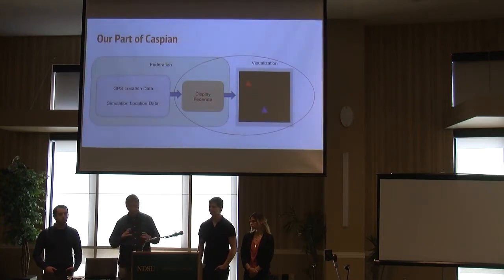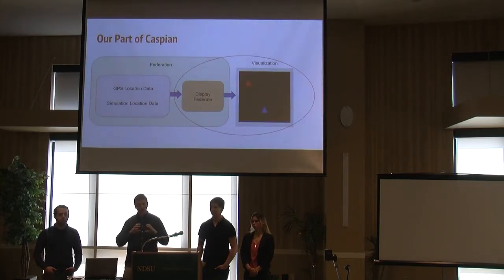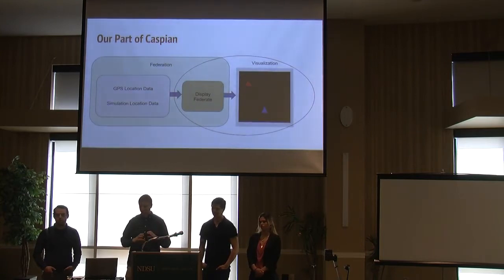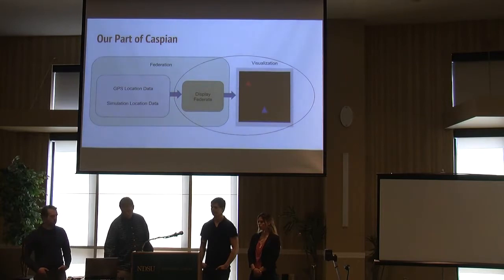And what we were supposed to do with the project was take the data we were getting and put it onto a map. So the GPS and simulation data came from one part of the project, and we were building the part of the project that was displaying what was being seen.